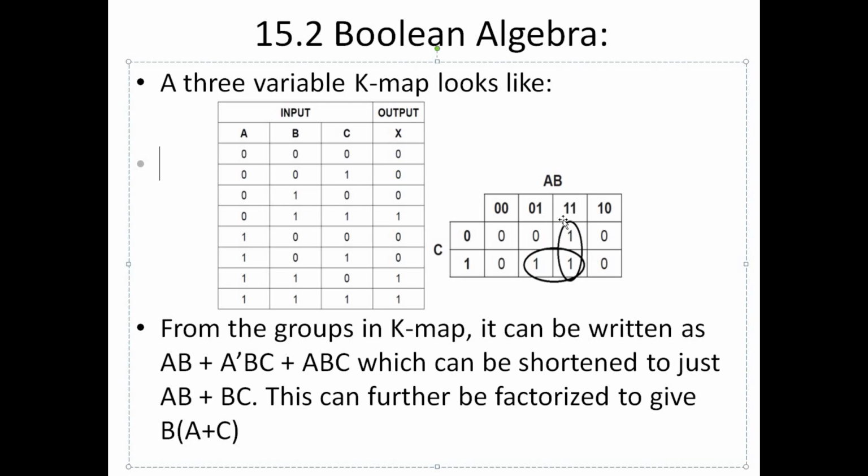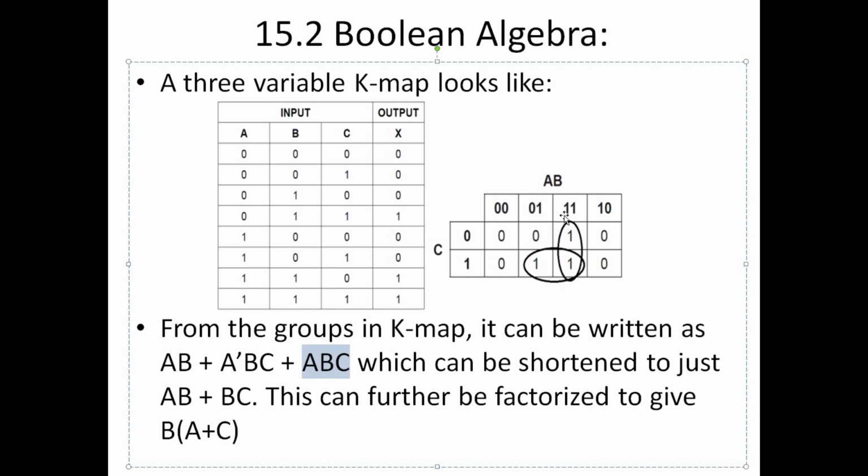Now the biggest groups you can form are this one and this one. Over here you can see both A and B are on. That will be our first group. You can take it as A dot B, plus for the next one, over here A is missing, so you'll write A complement, B is there, and C is also there, so it will be A bar B C, plus it will be ABC.